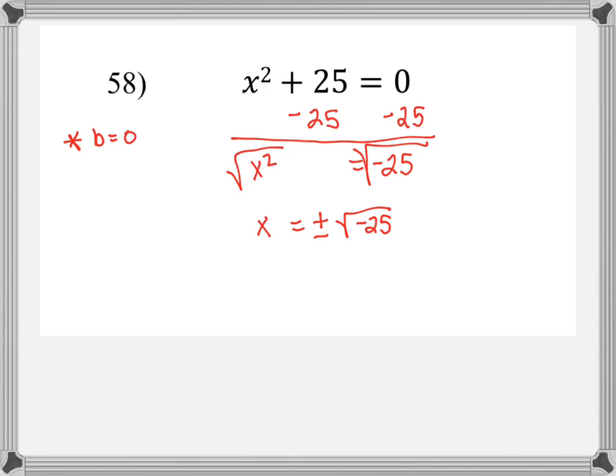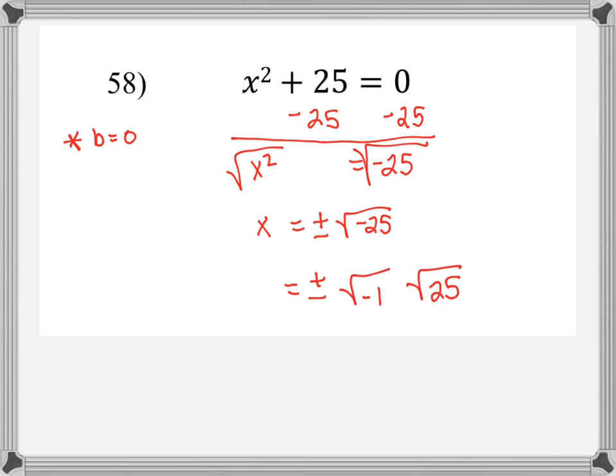Remember, whenever you're taking the square root of both sides of an equation in the process of solving it, you will have a plus or minus. Now we need to simplify the square root of negative 25. I can separate out the square root of negative 1 because the square root of negative 1 times the square root of 25 gives us the square root of negative 25.